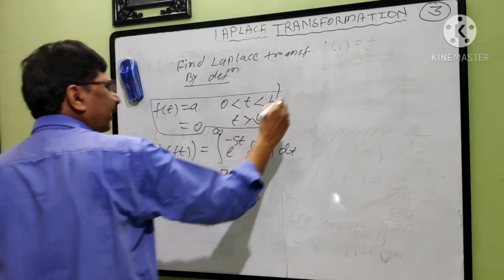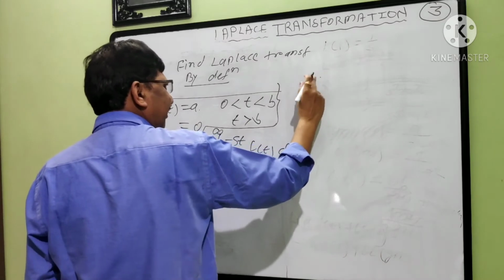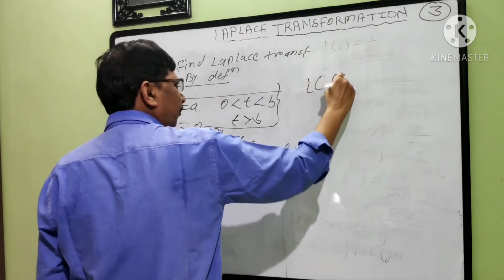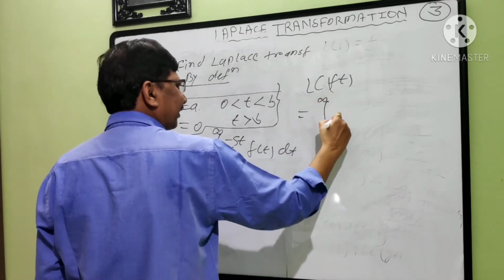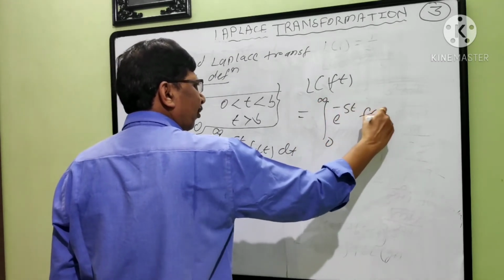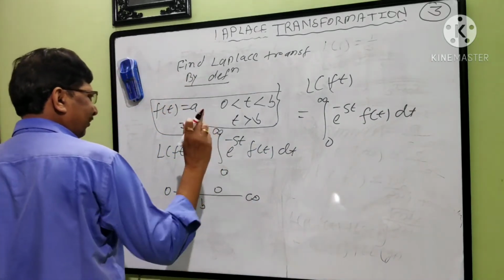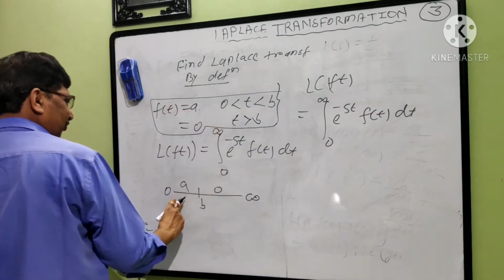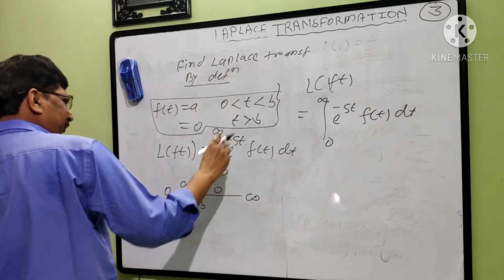Now here the function is like this. Laplace transformation of f(t), again I am writing, is the integral from 0 to infinity of e raised to minus st into f(t). Now what about f(t)? The f(t) is divided into intervals. f(t) is a from 0 to b, and from b to infinity it is 0.